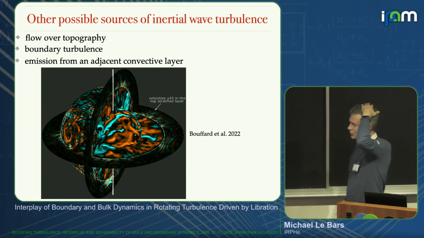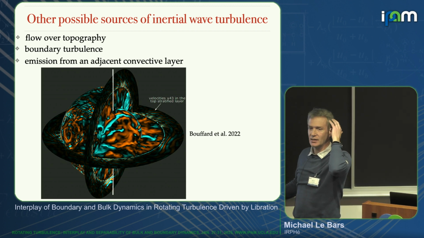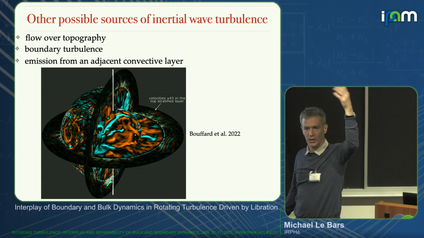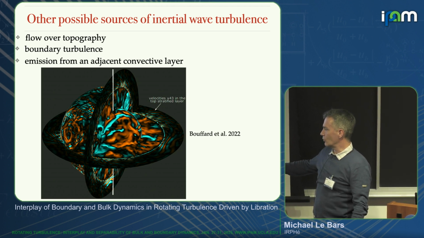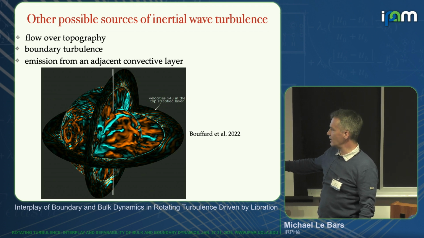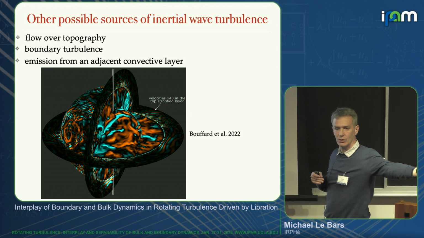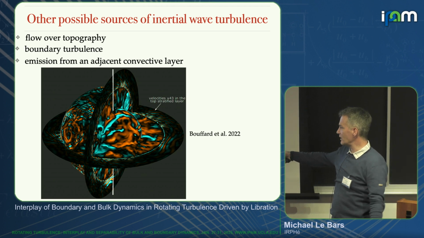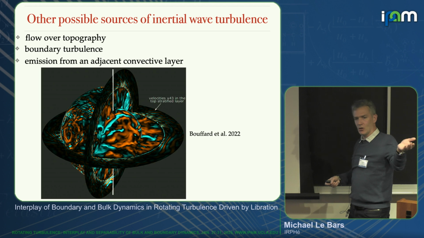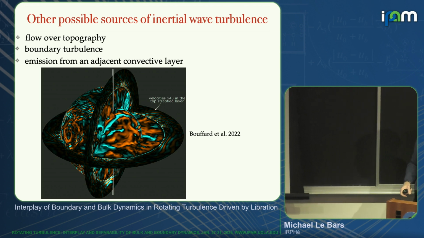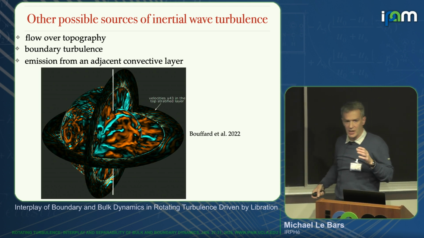Last, as Dan has shown before, we can also think that part of the ocean or part of the core will be convective. So we will have convection in here, but then this can excite waves in the non-convective part. So again, interesting things might happen here. Induction, specific dissipation, and so on.